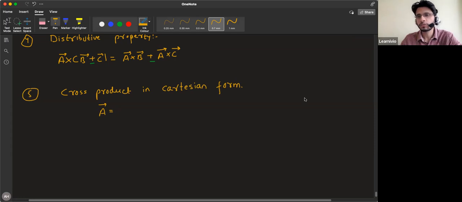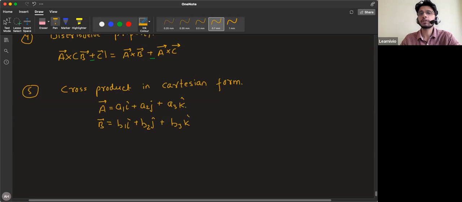Alan, what was Cartesian form? So A1 I plus A2 J plus A3 K. A1 I cap plus A2 J cap plus A3 K cap. I gave some homework question also yesterday.